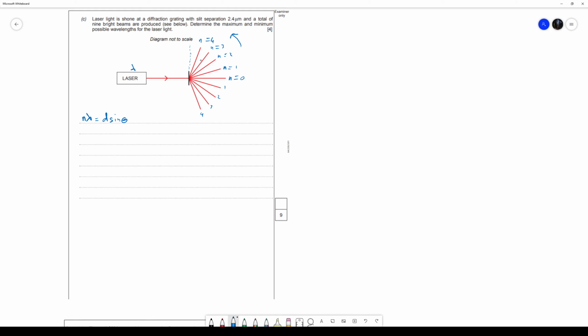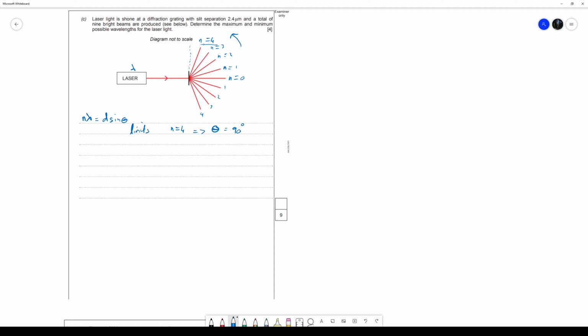What's the limit then for me seeing 9? It would be when the 4th order one is at 90 degrees. So that's my first limit. n equals 4 implies that theta equals 90 degrees.